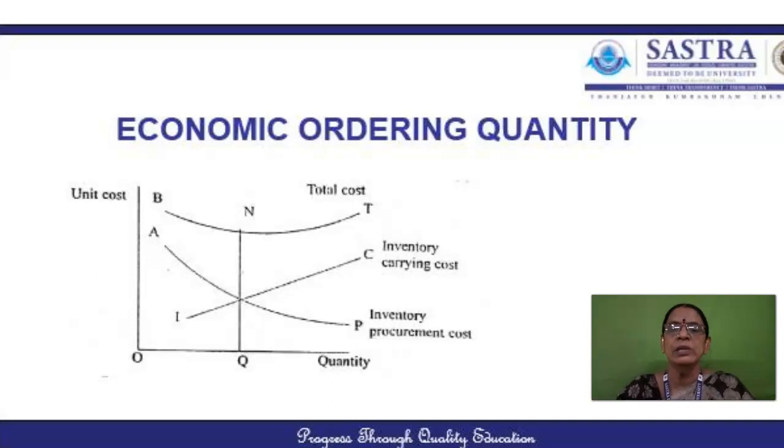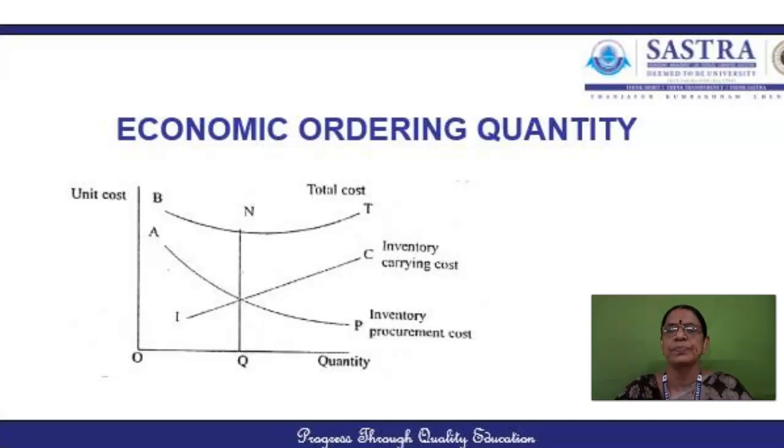So this is the graphical representation of the EOQ. Bulk buying normally reduces the frequency of ordering and therefore the ordering cost is also reduced. The determination of this EOQ normally aims at balancing the ordering cost and the carrying cost.